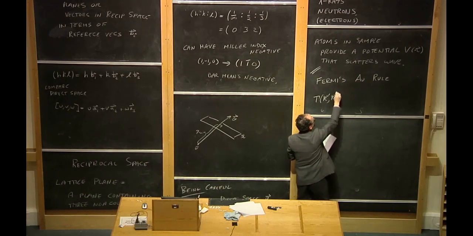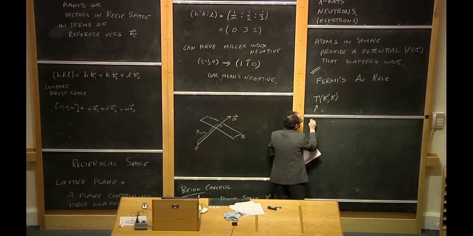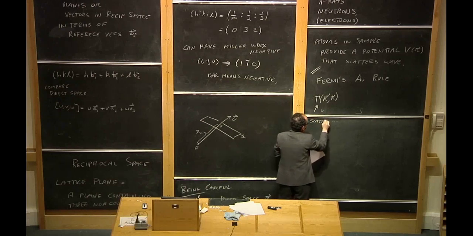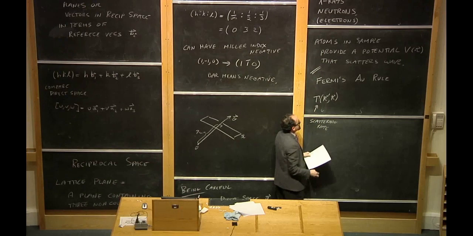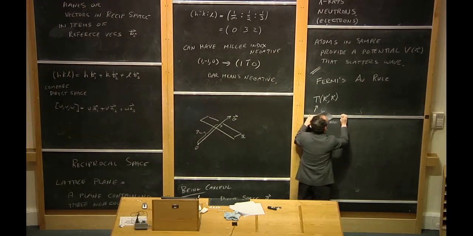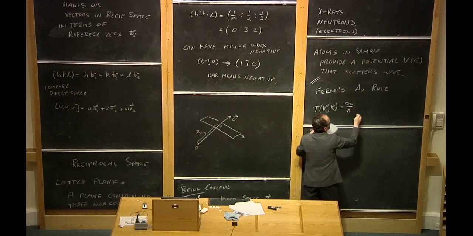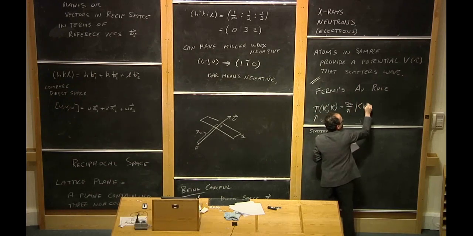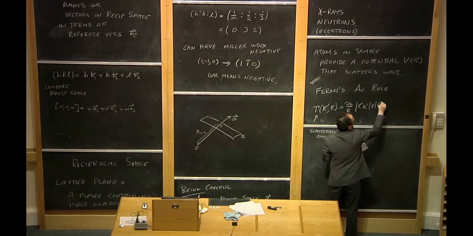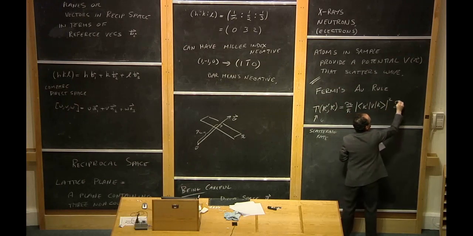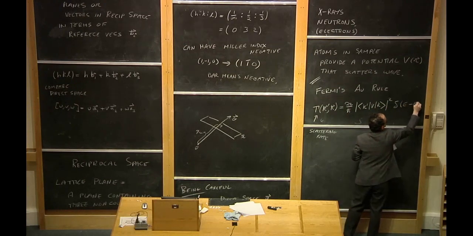Okay, so the scattering rate from k to k prime is given by, you'll probably have seen Fermi's golden rule, 2 pi over h bar. There's a matrix element, k prime V k, that gets squared, and an energy-preserving delta function.